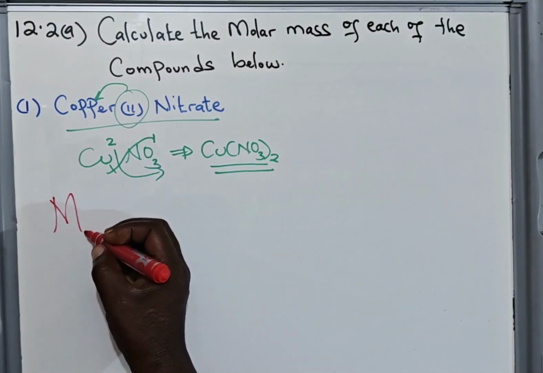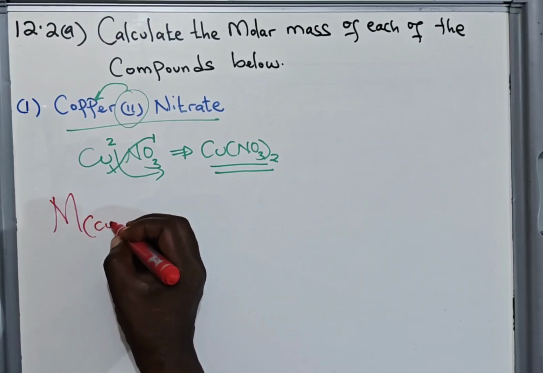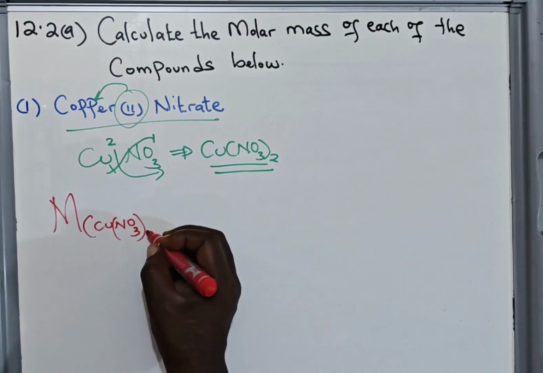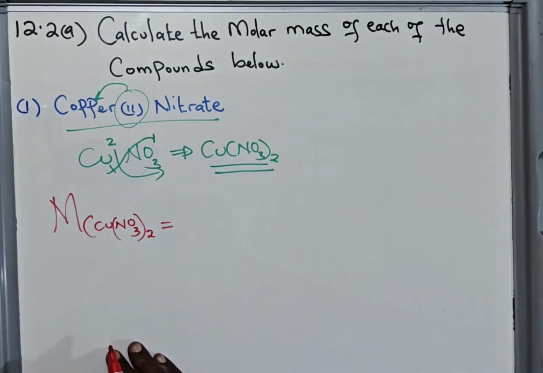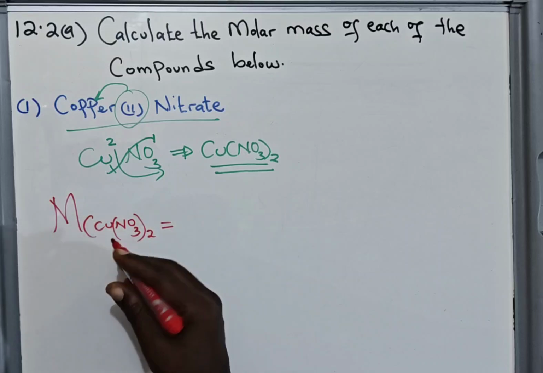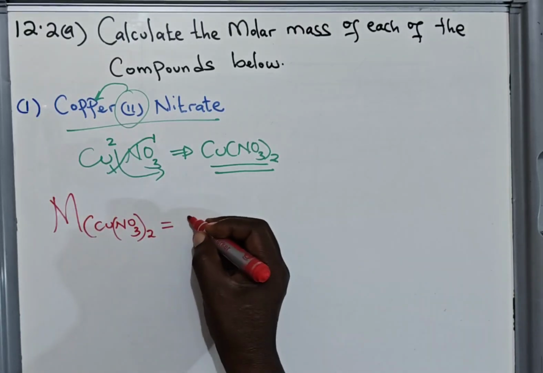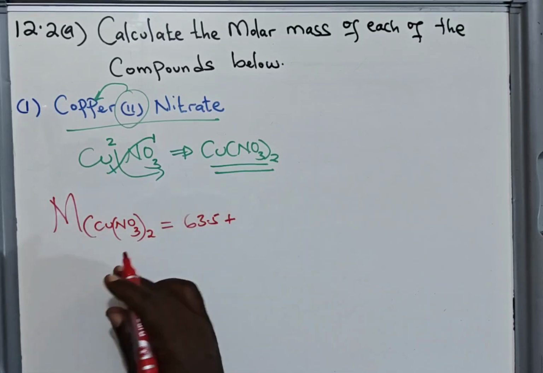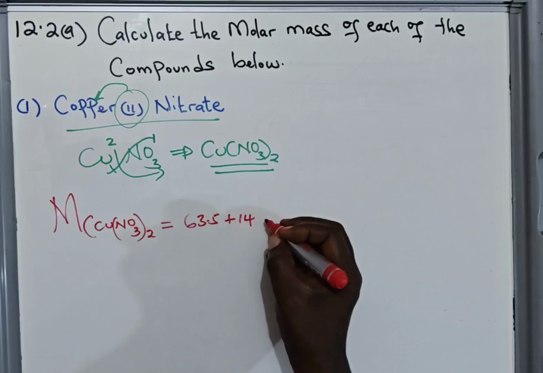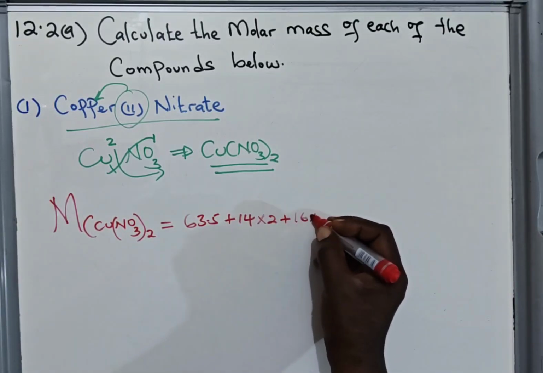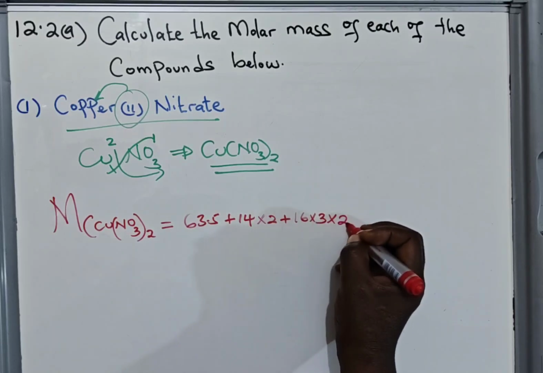So it's the molar mass, and the compound is copper nitrate. Here we know that the atomic mass of copper is 63.5, plus nitrogen, which is 14, but times 2, plus oxygen, which is 16 times 3, but also times 2.